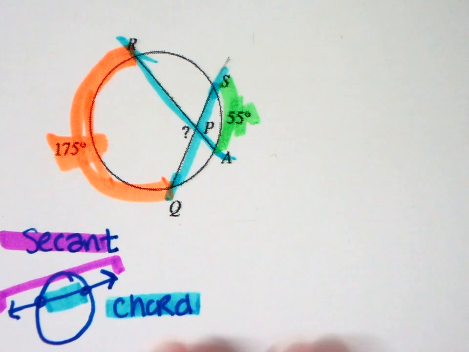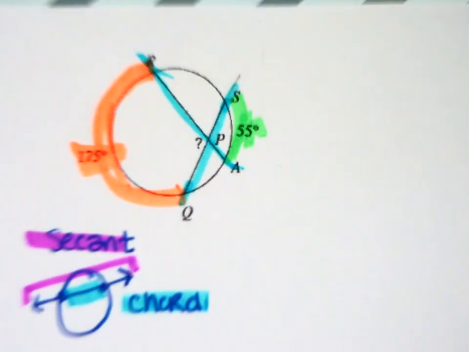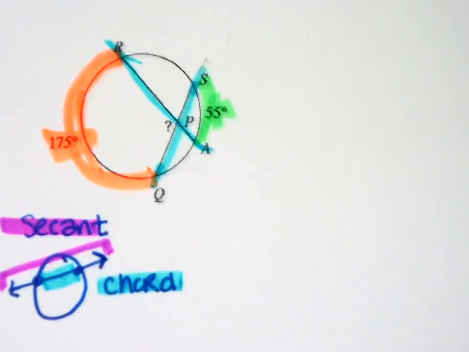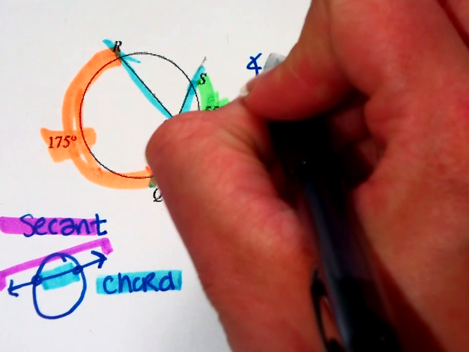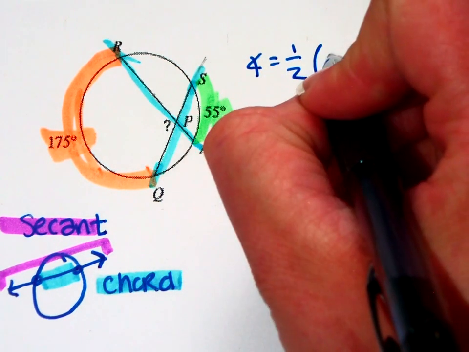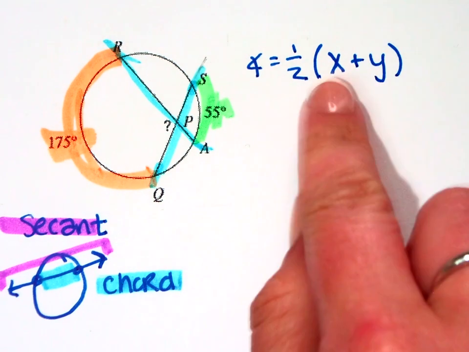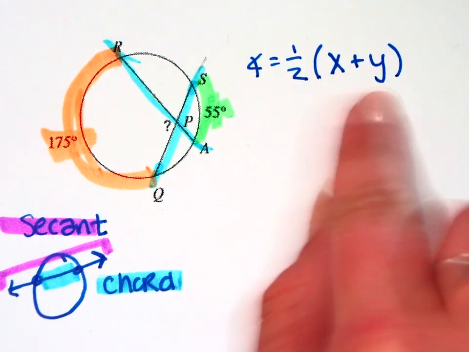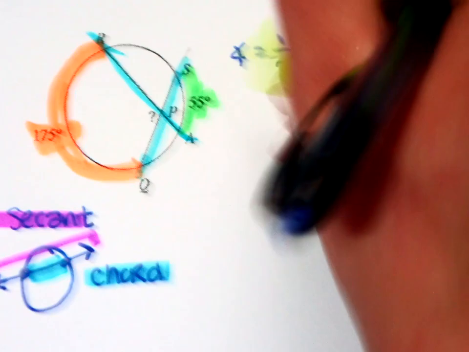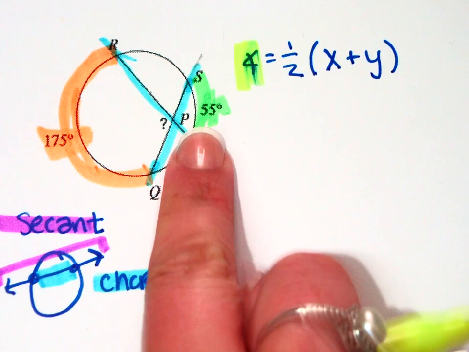Your formula, if the angle is in the circle but not on the center, is angle equals 1/2 (x plus y), or basically arc plus arc. It doesn't matter which one is x or y, as long as you're adding the two arcs that are between.